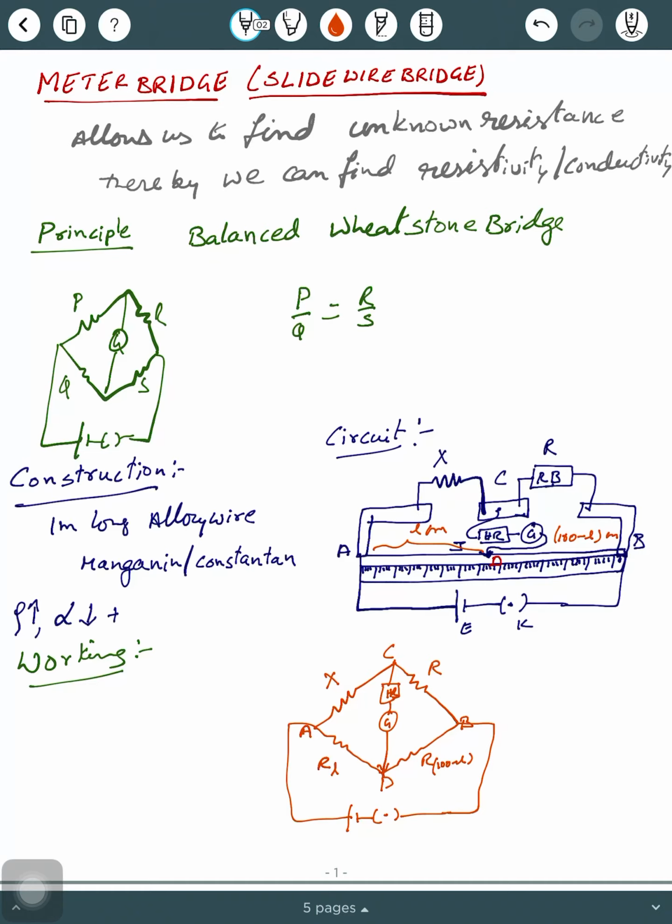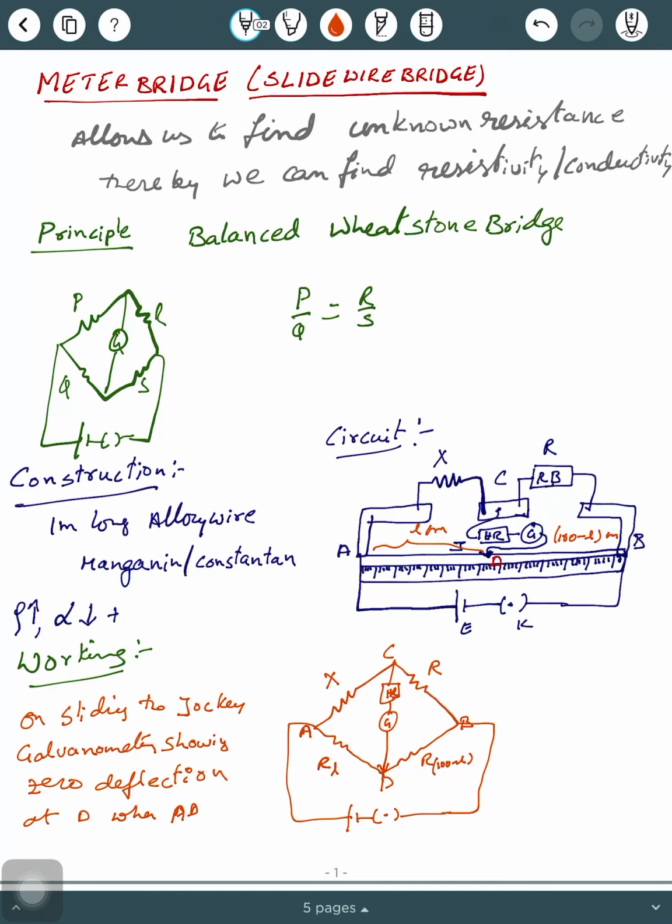Whenever you slide the jockey, the galvanometer shows 0 deflection at D, where AD is equal to L centimeters, which we call the balancing length, and DB is 100 minus L centimeters.